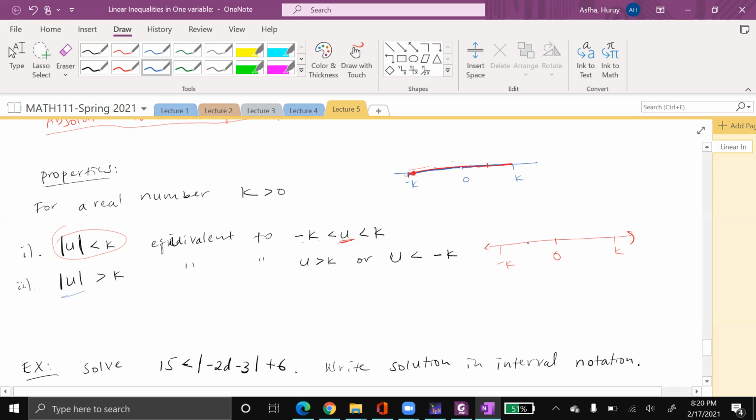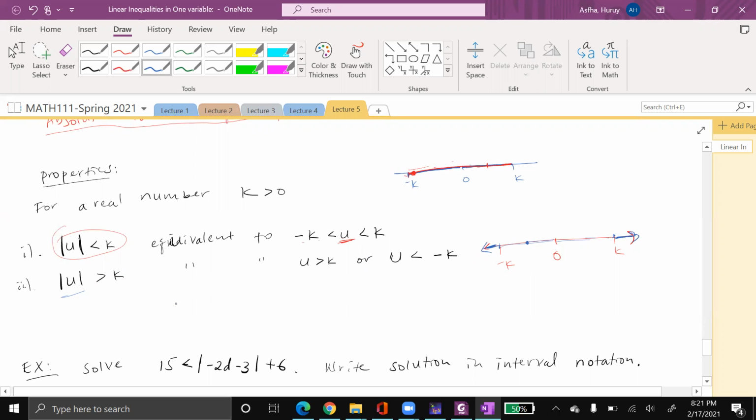If you pick a number from here, is the distance of this number from 0 greater than the distance of k from 0? No. As you can see, this is short, this is longer, right? Therefore, any number in this interval doesn't make this true. But if you pick a number outside of this negative k to k interval, then that makes this true. It could be on the negative side or on the positive side.